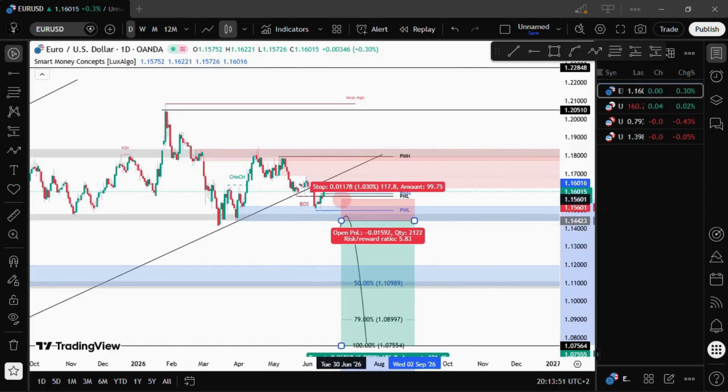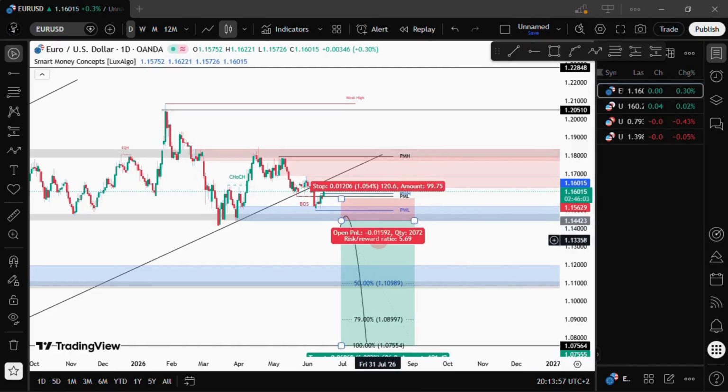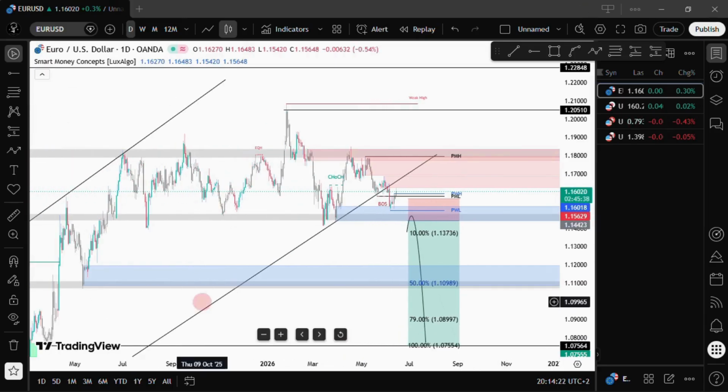Okay, so if the market breaks towards the downside, which will break the previous weekly low, so the low that we created last week, if it breaks it and retests above it, price might go towards the downside and give us an entry.